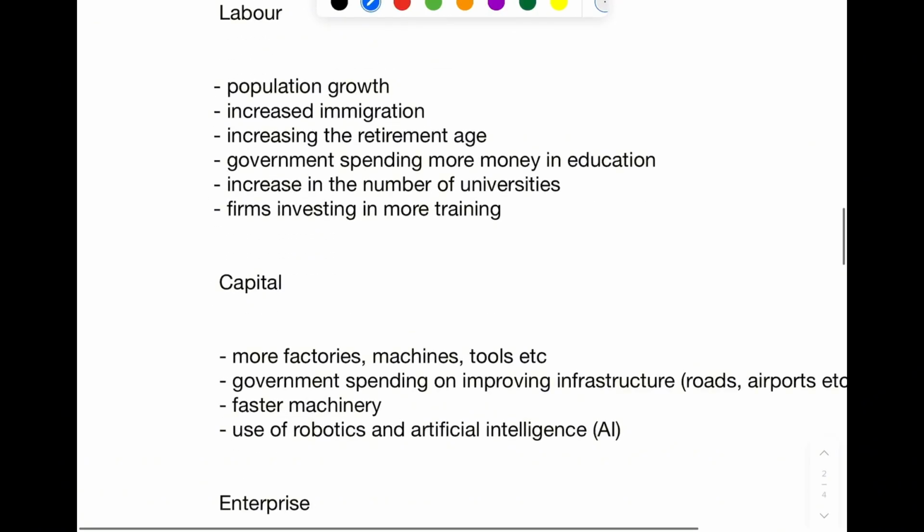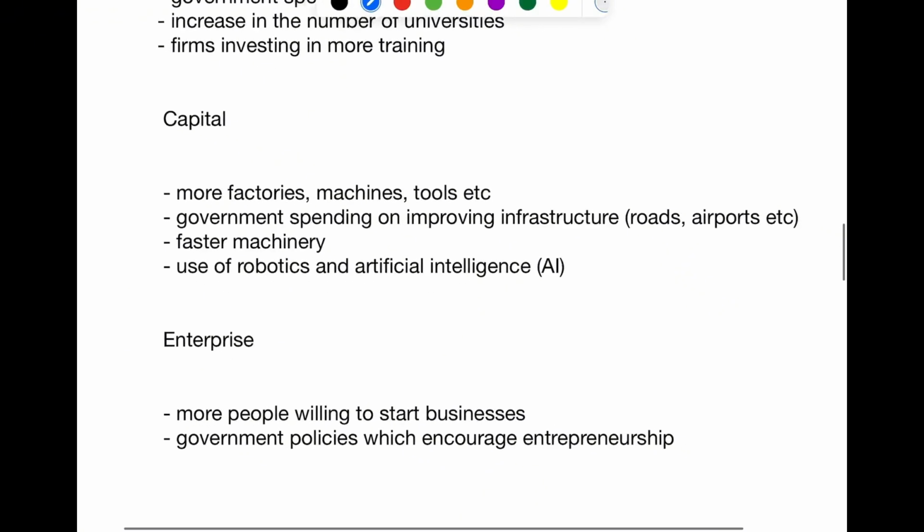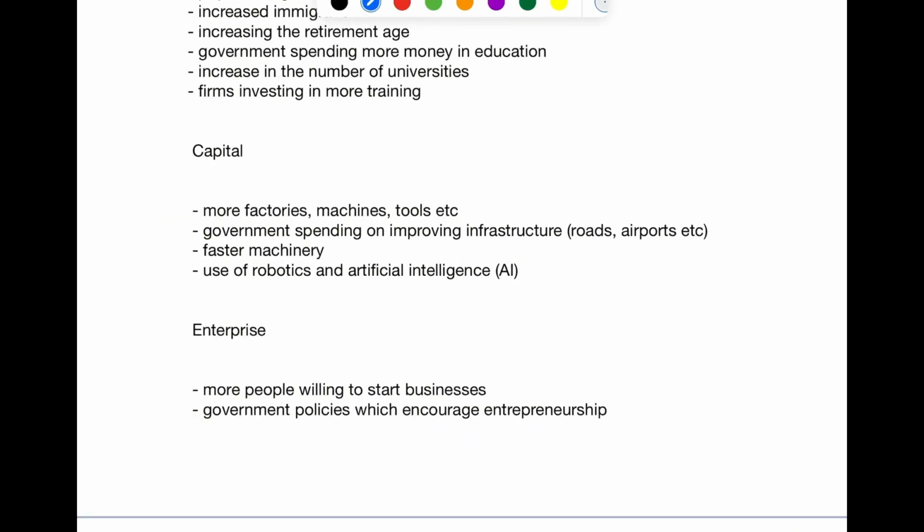Also, capital. The economy can look to improve the quality and or the quantity of capital, our man-made resources. More factories can be built, more machines, more tools that can be used to potentially produce more consumer goods. Also, the government can spend money on improving infrastructure, by building faster roads, more roads, motorways, airports.